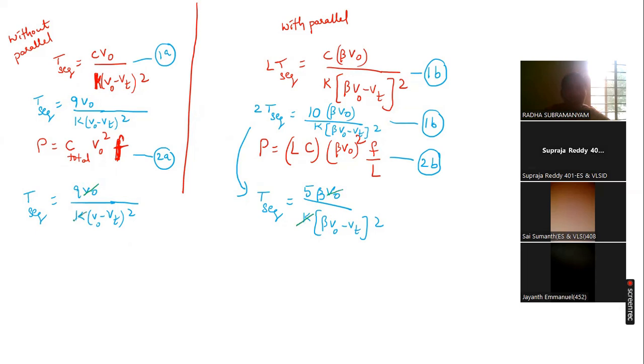And we are left with 9 times (beta V naught minus Vt) whole square on one side, and on the other side 5 times beta and (V naught minus Vt) whole square. After equating the RHS, we are not touching 2A, 2B at all. Only the first propagation delay equations we are dealing with.